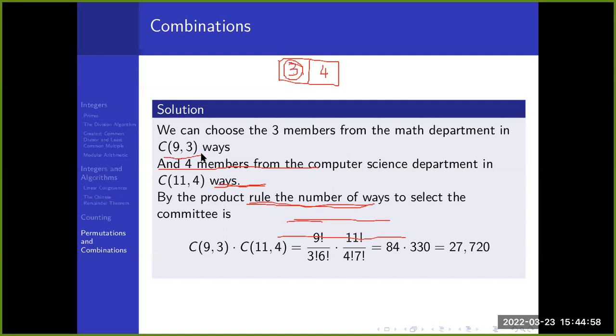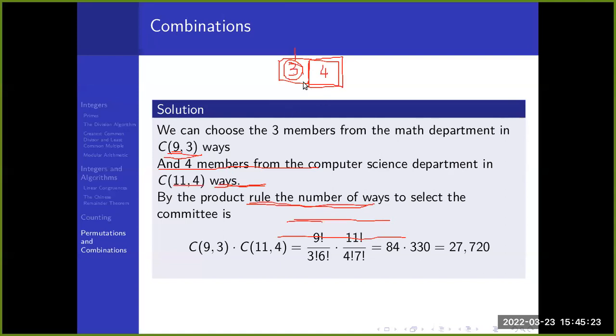So that can be done in 9 combination 3, or the number of 3 combinations from a set with 9 elements. So this first job can be done in this number of ways. Now the second job here is picking 4 out of a set with 11 elements.